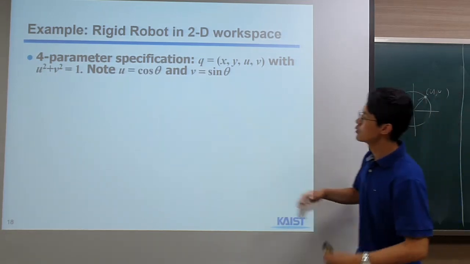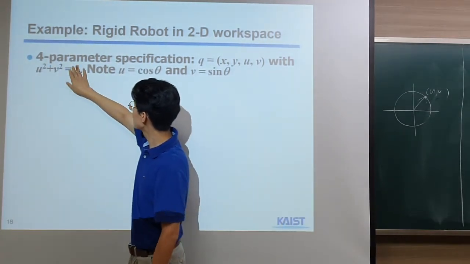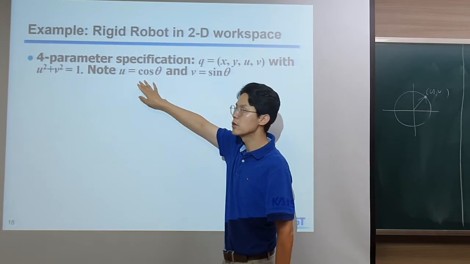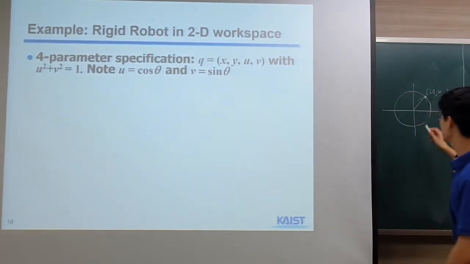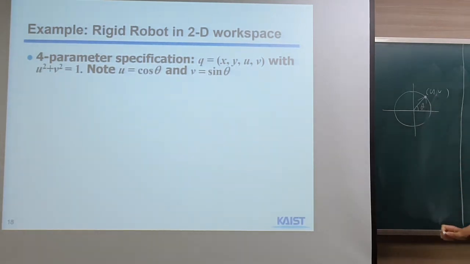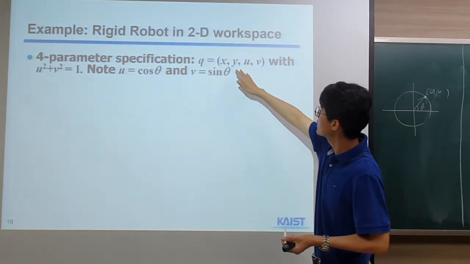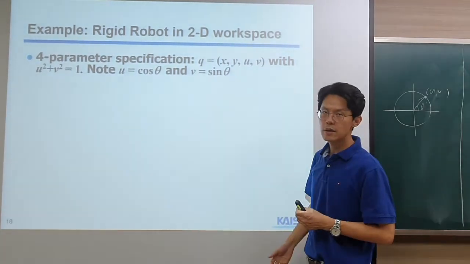Since (u, v) is on the circle, we have this kind of equation, and you might recall that u is cosine theta and v is sine theta, right? In this case, theta is the orientation. Then we know the UV coordinate, right? And one can use x and y, the position of your robot, and (u, v) as the orientation, right?